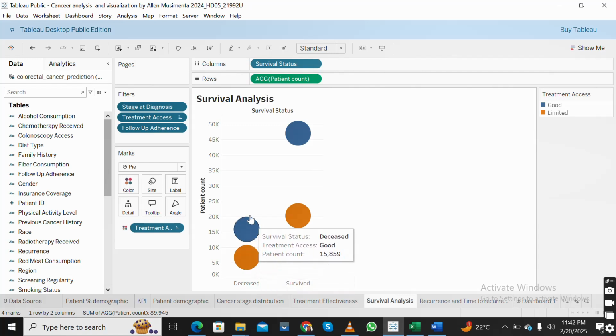So you see the numbers, of course they are low. Then there are those that survived with limited treatment, they're even higher than those that deceased with good treatment. And then those that survived with good treatment, they are the highest.